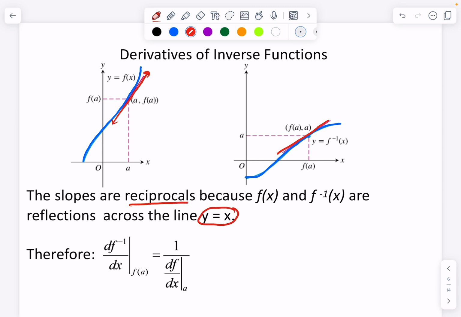So the derivative of the inverse of my function evaluated at f of a is equal to 1 over the derivative of my original function evaluated at a. I think this is a hard thing to remember, hard to conceptualize. Maybe you are smarter than me and you're able to conceptualize it. I cannot.